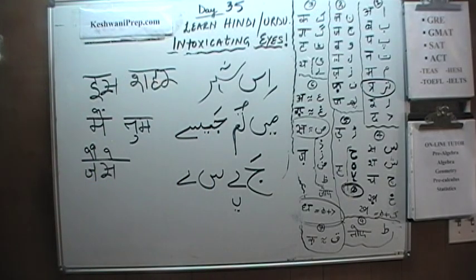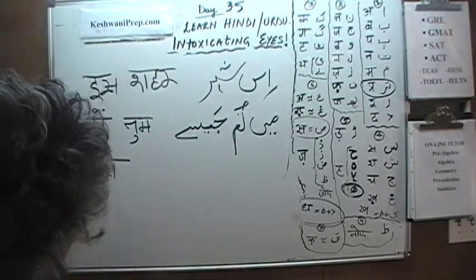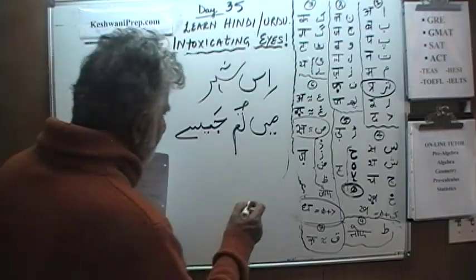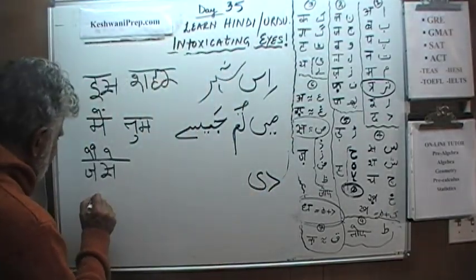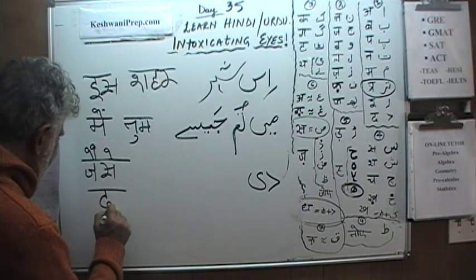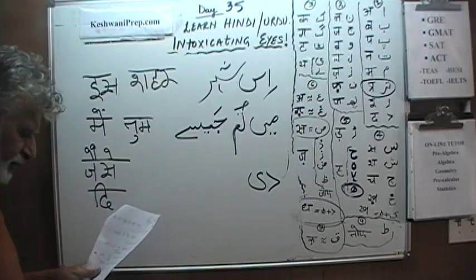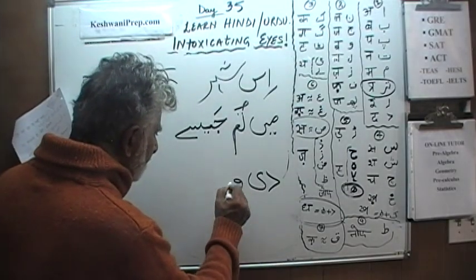इस शहर में तुम जैसे दाल and छोटी है. That gives us D. Then we need a wa and alif.